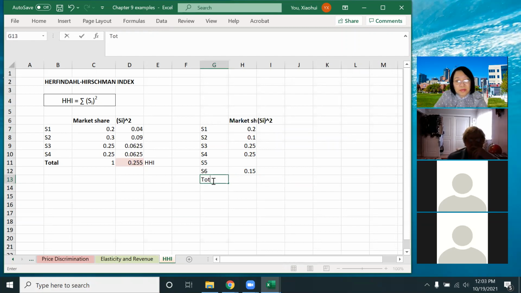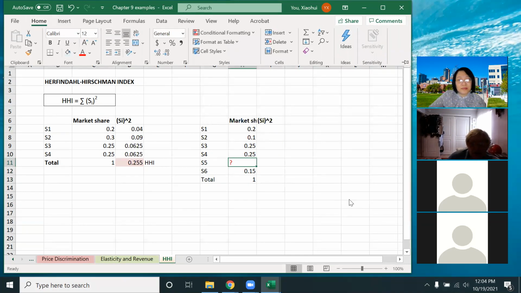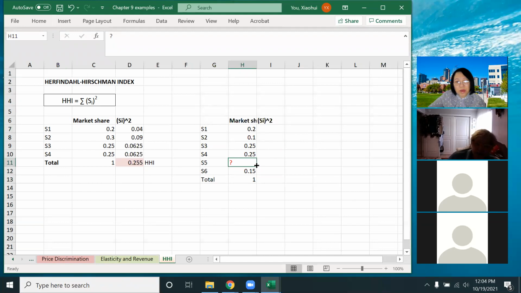First tell me the total should be here, which value? The value should be 1. Then do you know this value? You take the 1 and subtract the ones that you know, and then you'll end up with that value. We actually can do it by hand.